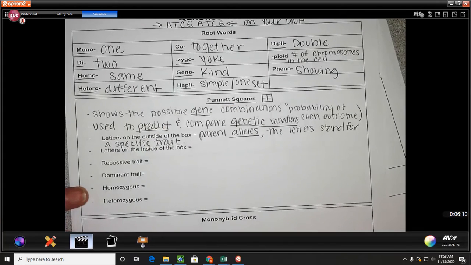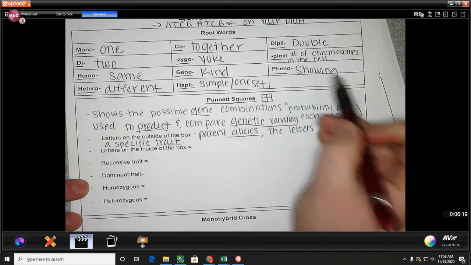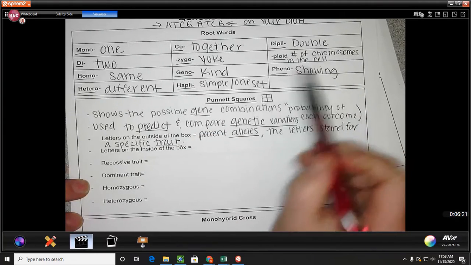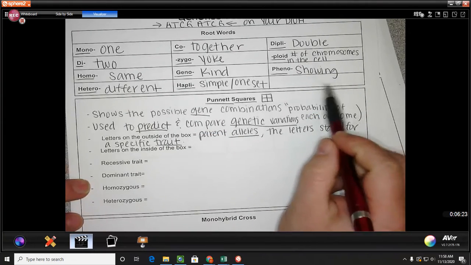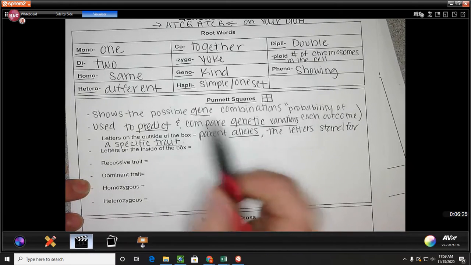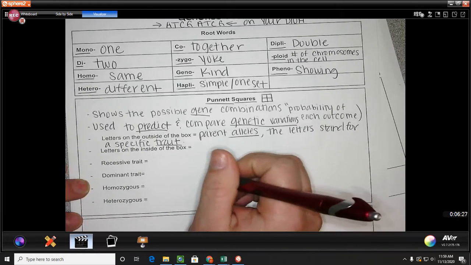Okay. So traits like long hair, blue eyes, green eyes, tall, short, traits. Traits are also phenotypes too. So they mean the same thing. Phenotypes are what you can see, and we can see your traits.